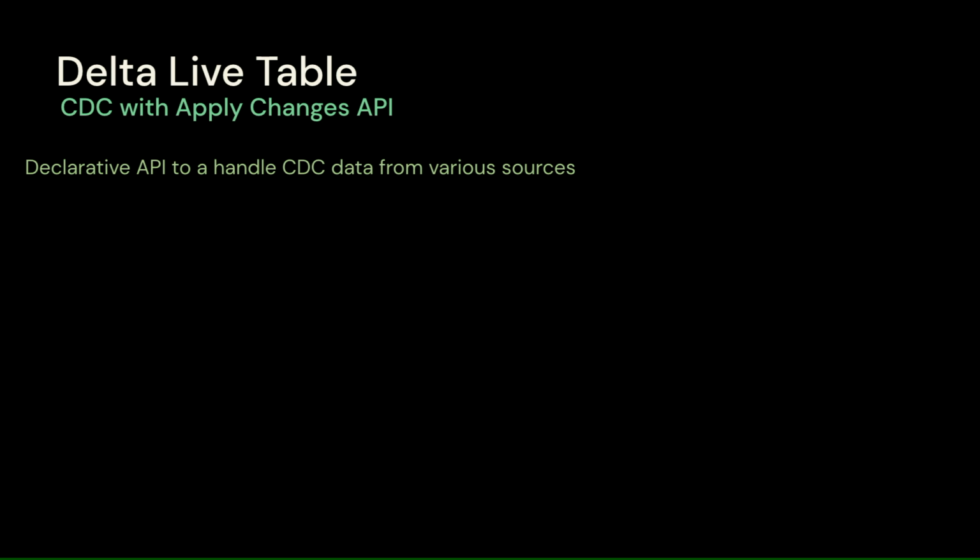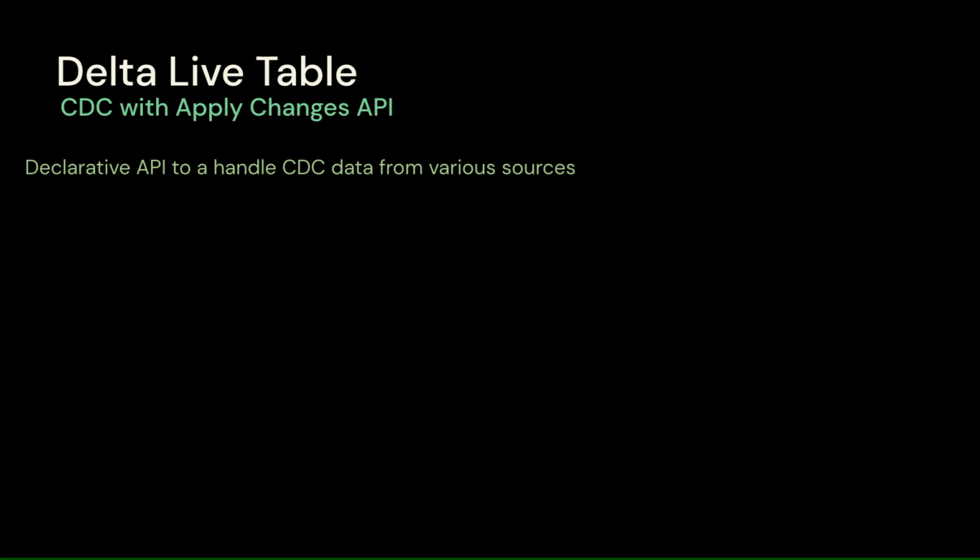Delta Live Tables provides first-class support for processing continuously arriving change data feed that represents inserts, updates, and deletes happening in your source tables. It provides a declarative way where users pass the required parameters to the function, and you're good to go.